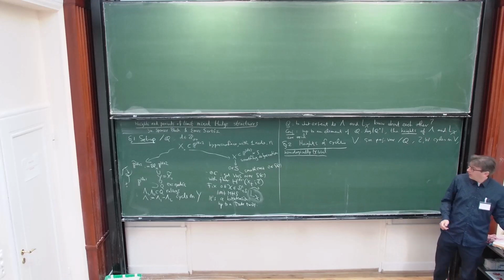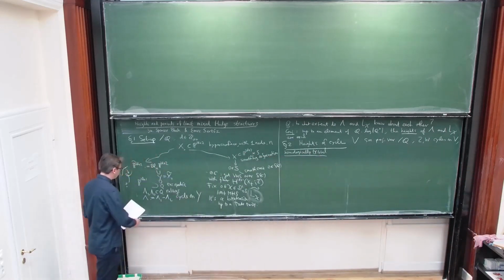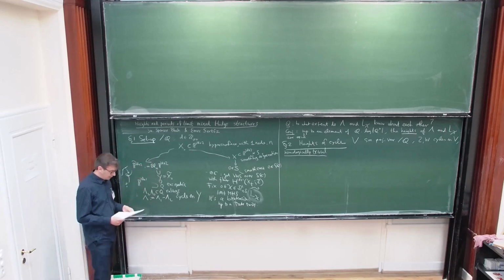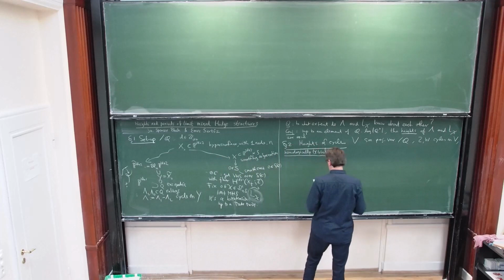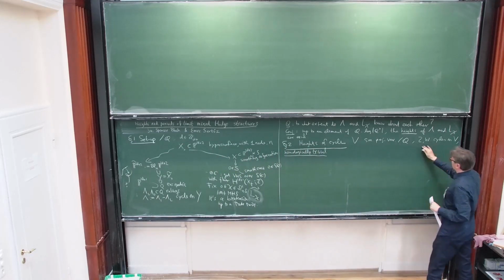So, in fact, this lambda here is homologically trivial, at least if the degree of the hypersurface is big enough. I think at least 3 will already work. And so we want them to live in certain dimensions.